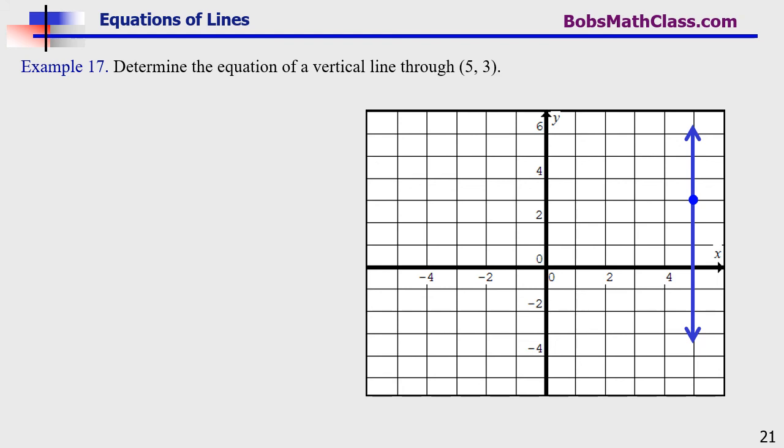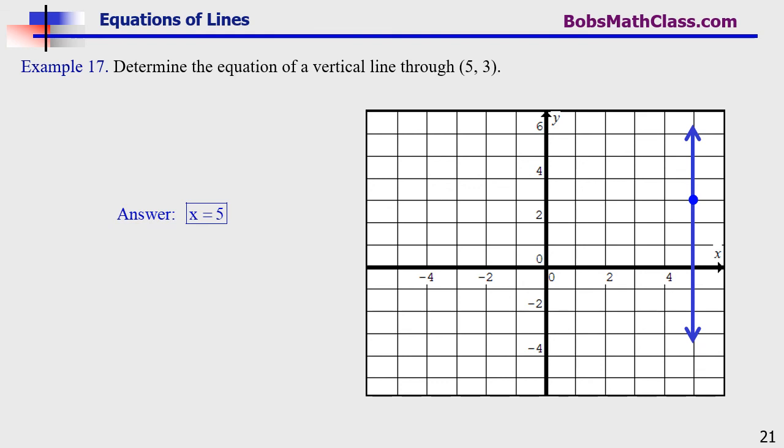A vertical line is always x equals. It's always x equals the number it goes through on the x-axis, the x-intercept. So in this case, it's x equals 5. So anytime we want a vertical line, it's always going to be x equals. If we want a horizontal line, it's going to be y equals. And so our answer is x equals 5.